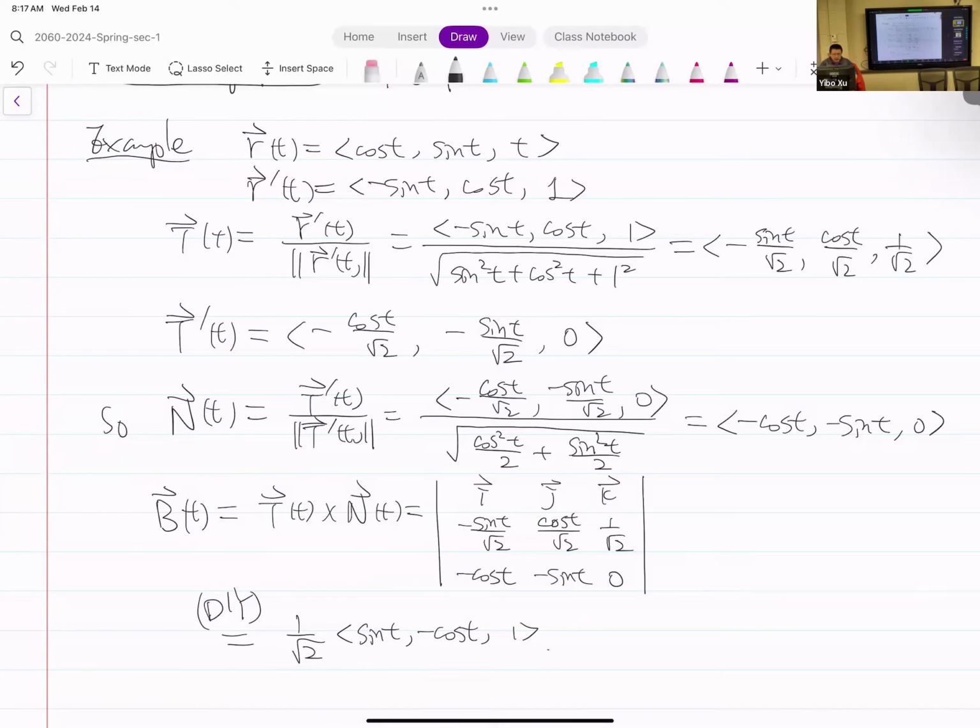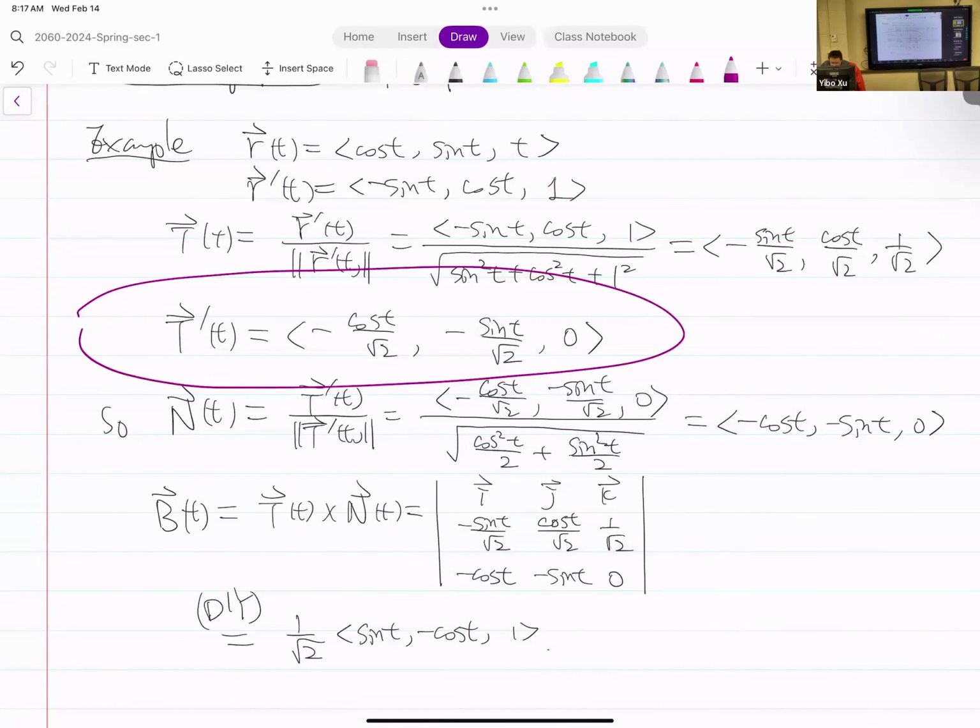So that's pretty much all we have to discuss about space curves. In this section, we have two formulas for the curvature, but I would just like to mention that here in this helix example, T prime is not really complicated, so it's always easier if you just use the first equation for the curvature.